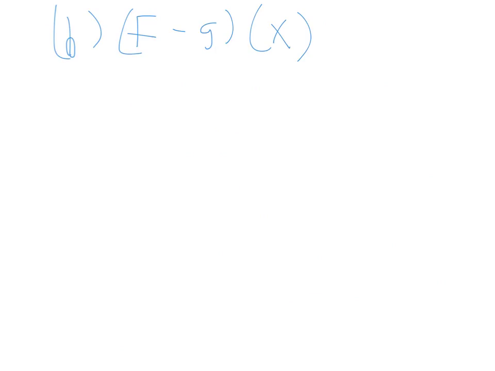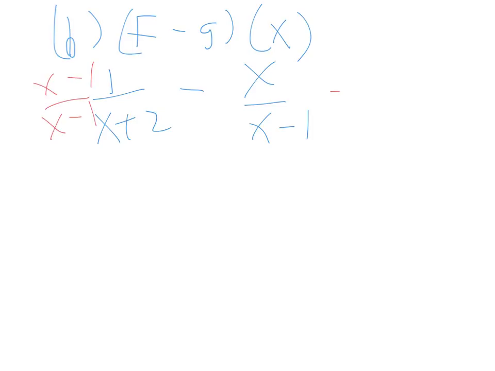Alright, for part B, f minus g of x, it's actually very similar to the first part, 1 over x plus 2 minus x over x minus 1. Multiply this one by x minus 1 on the top and bottom, this one by x plus 2.